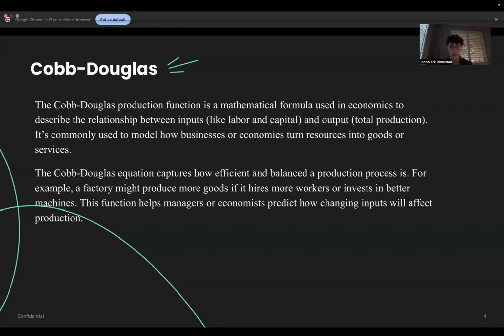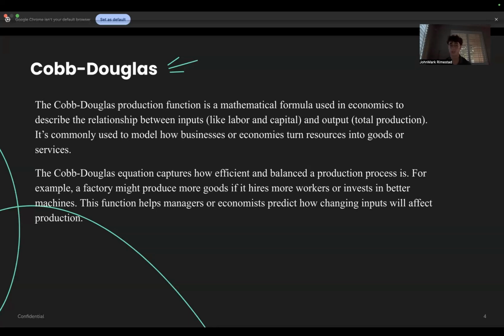All right, let's move on to the Cobb-Douglas equation. The Cobb-Douglas production function is a mathematical formula used in economics to describe the relationship between inputs, like labor and capital, and output, total production. It's commonly used to model how businesses or economies turn resources into goods or services.